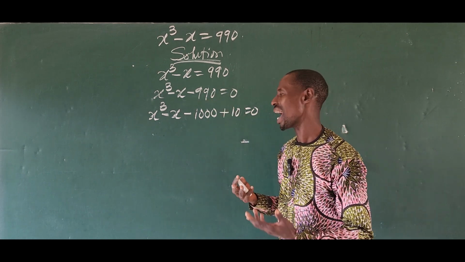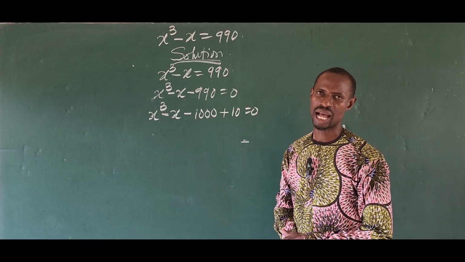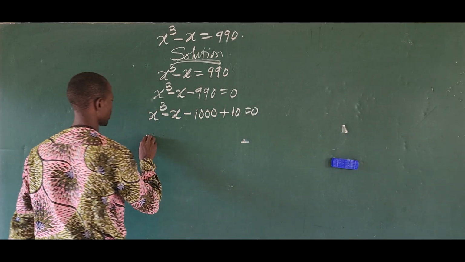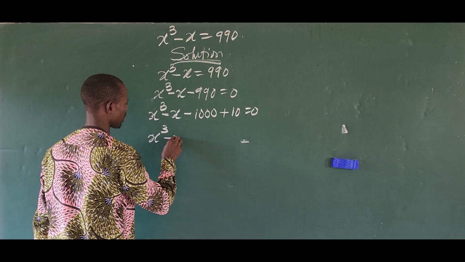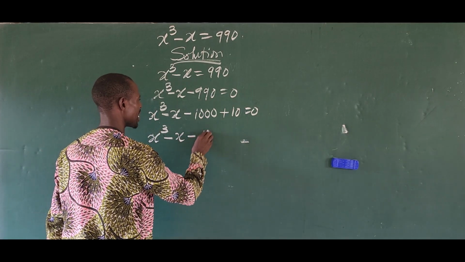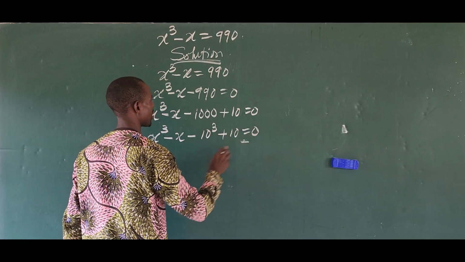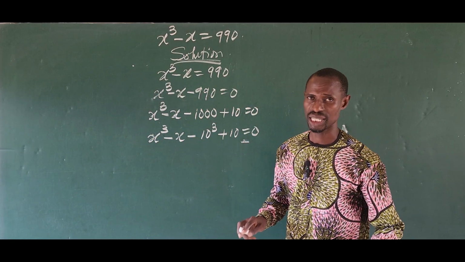So we can go ahead and rewrite this 1000. And 1000 is 10 to the power of 3. So rewriting this is going to give us x to the power of 3 minus x minus 10 to the power of 3, then plus 10 equal to 0 here. This is simple, easy, right?